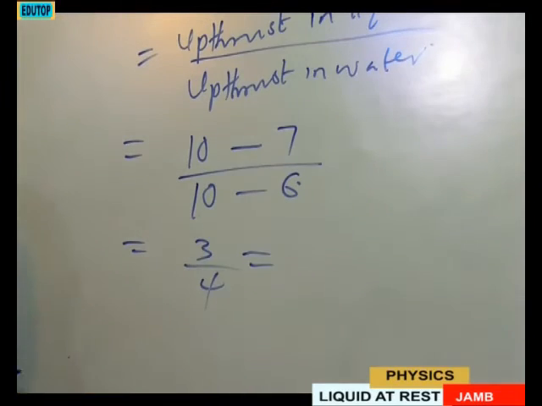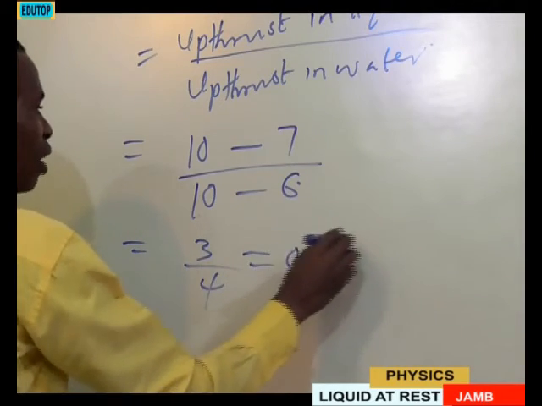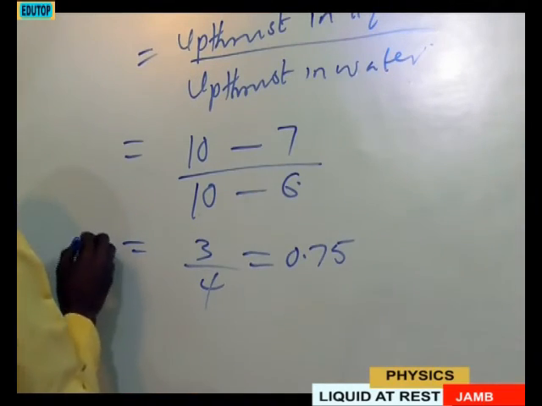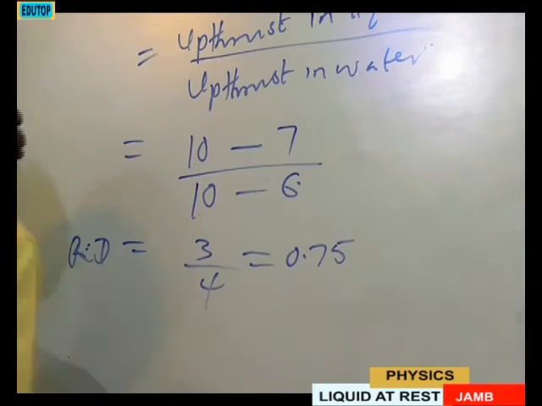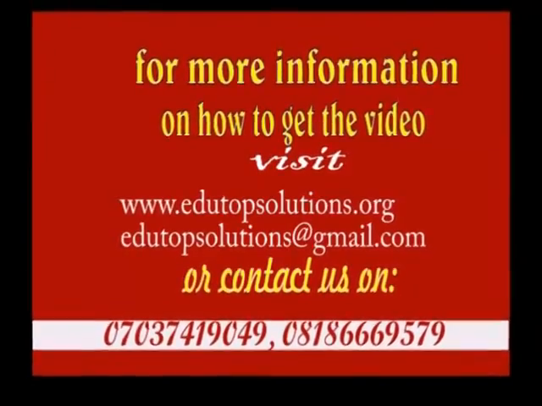We are going to have a value for the relative density: 3 divided by 4 will give us 0.75. And that is the relative density, 0.75, and that is the solution to question number 5.